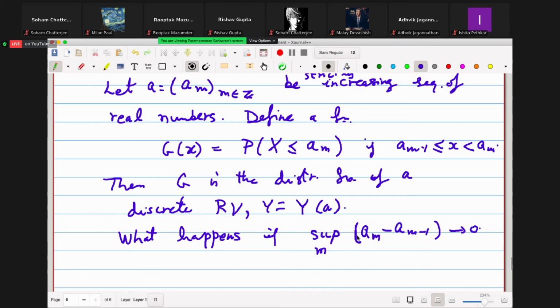So this is a supremum over m. When I take this over the integers, I get a certain real number, and I want that number to go to 0. Then as I allow this, I get various G's. How is that related? What is the relation between what happens to G if this goes to 0?